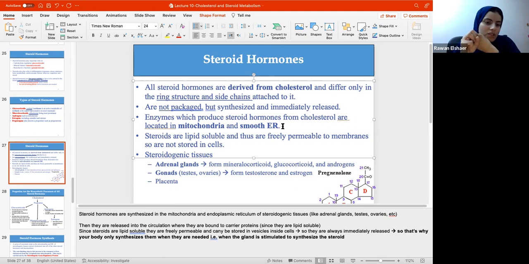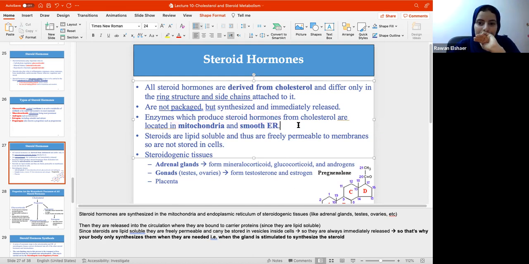They're not going to wait to get cholesterol from the liver; they'll make their own cholesterol, also in the cytoplasm. Then the cholesterol, once it's made, goes to the mitochondria and smooth endoplasmic reticulum, where it forms steroids. So steroid hormones are formed from cholesterol in the mitochondria and smooth endoplasmic reticulum.